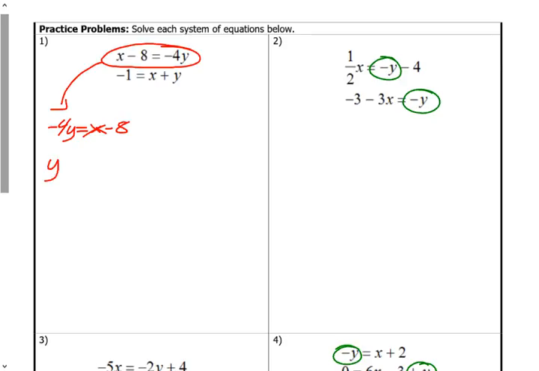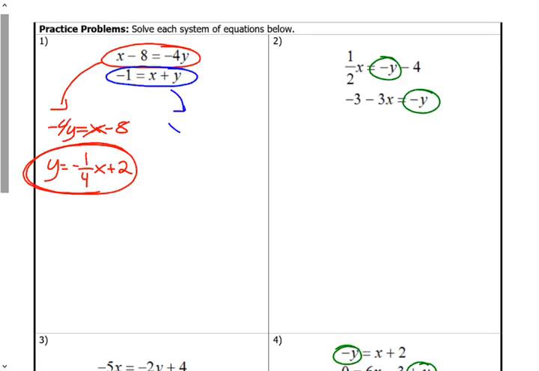And then I'm going to divide by -4. And there's my first one. My second equation is basically already solved. I am going to flip it around again. And solve it.